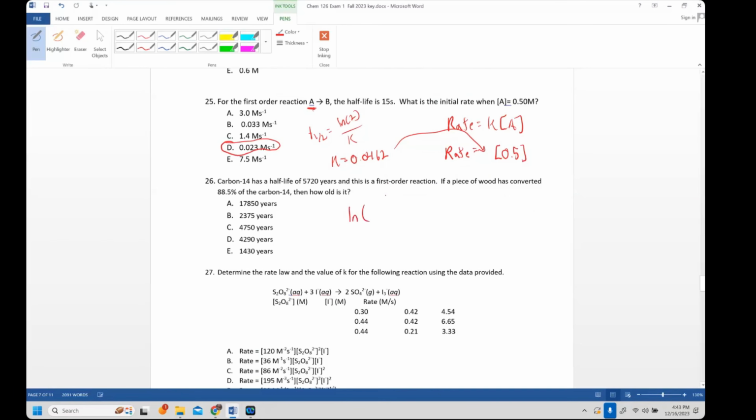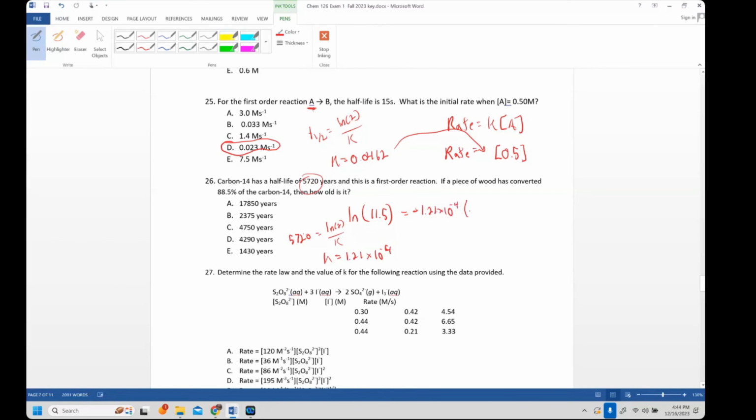So A final is actually 100 minus 88.5, which is 11.5, equals negative K. And so we have our half-life of 5,700 years, so T1/2 equals natural log of 2 over K. We can do 0.693 divided by 5700, and we get the K value is 1.21 times 10 to the negative fourth.